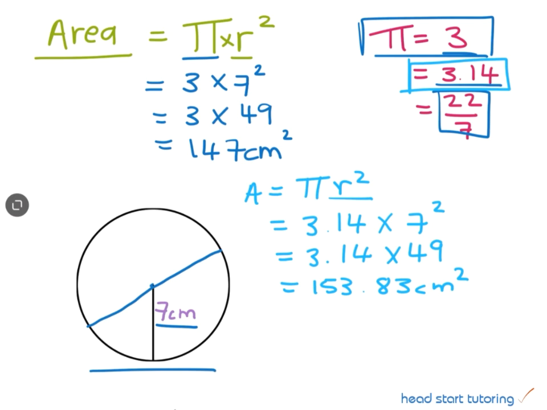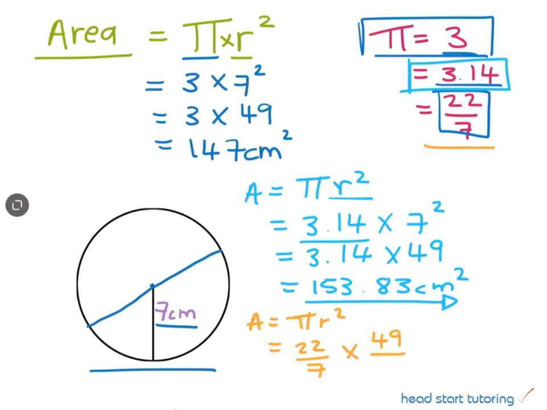Right, now if we would like to work with, so this would be your answer if we are working with 3.14 as pi for this circle here. So if we would now like to work with 22/7, we again write area equals pi r squared, and we say pi is equal to 22/7 multiplied by r squared, which we now know is 49/1.